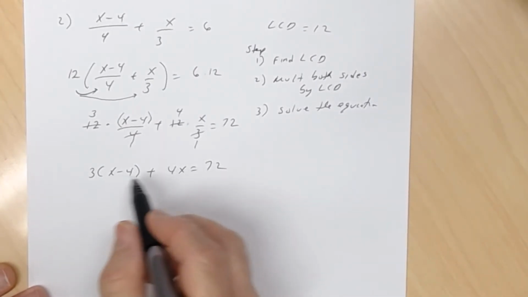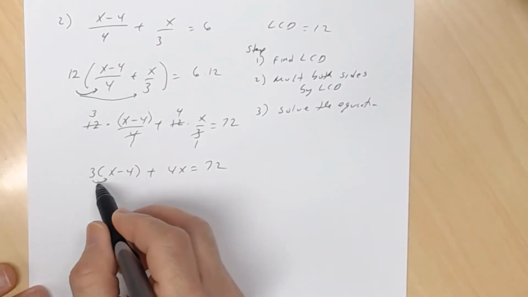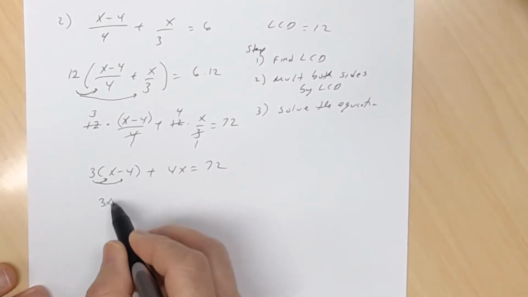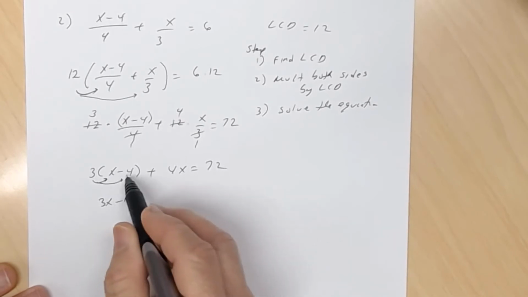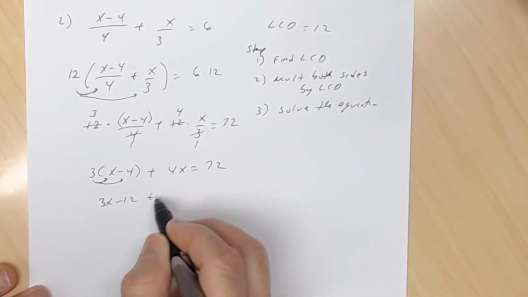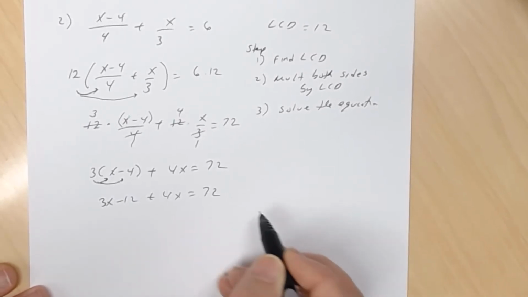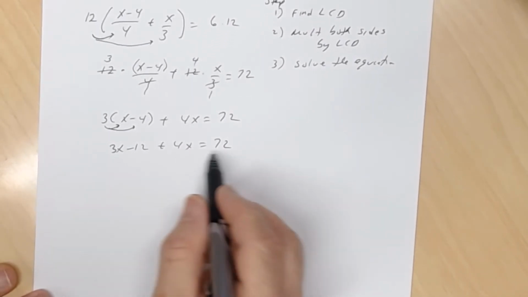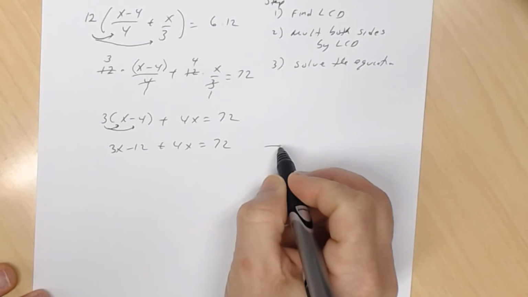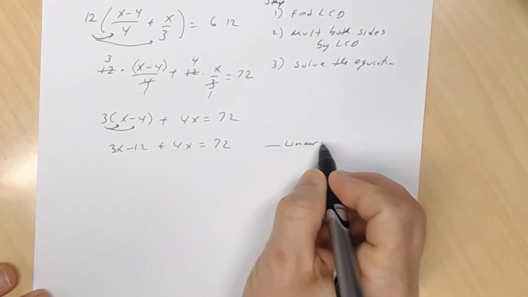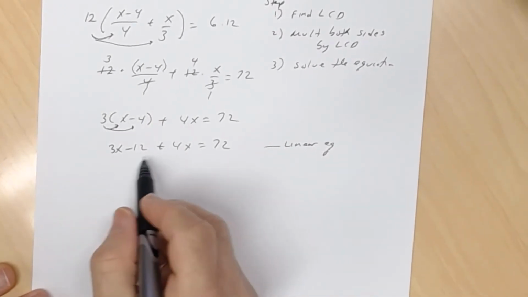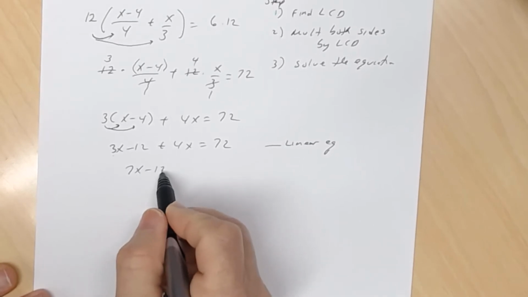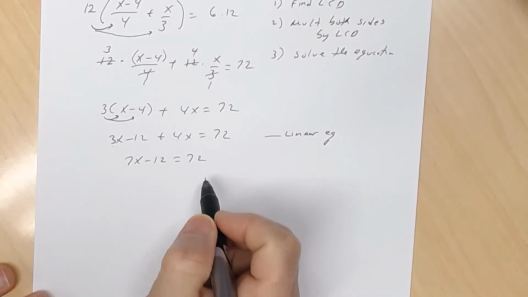Now let's go ahead and use the distributive property again. So 3 times x is 3x, 3 times negative 4 is negative 12, plus 4x equal 72. Combining like terms, remember I have a linear equation. This is a linear equation right here. So I get 7x minus 12 equals 72.